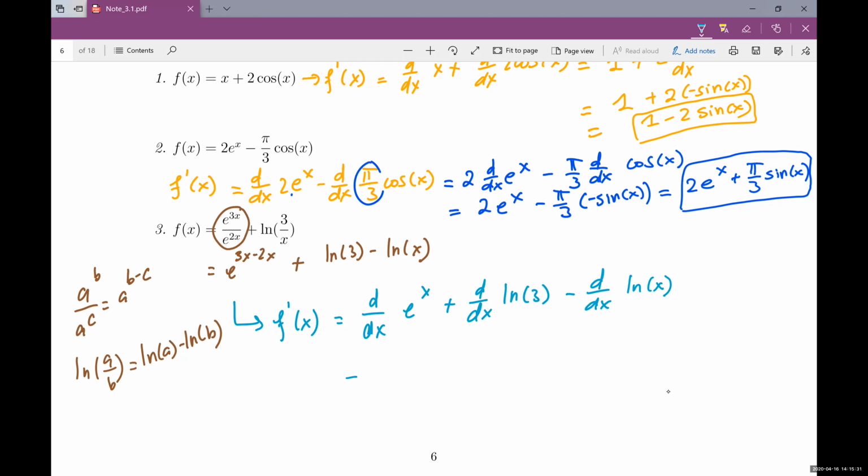We know that the derivative of e to the x is just e to the x. Natural log of 3 is just a constant, so this derivative will be just 0. And the derivative of natural log of x is 1 over x. So the final answer is e to the x plus 1 over x.